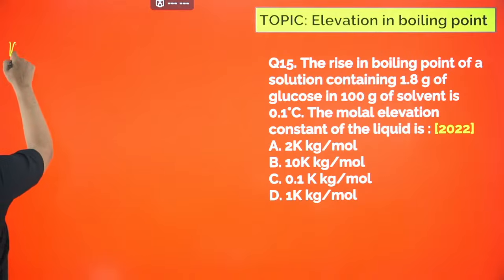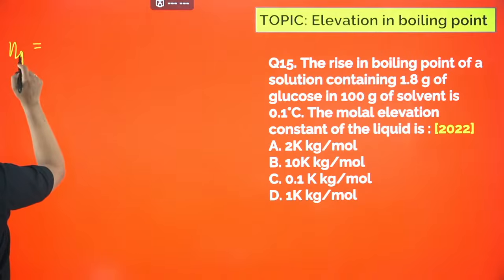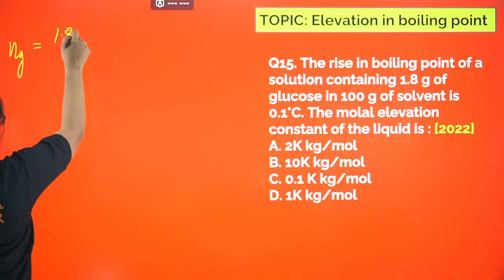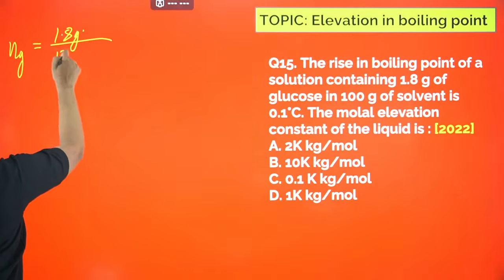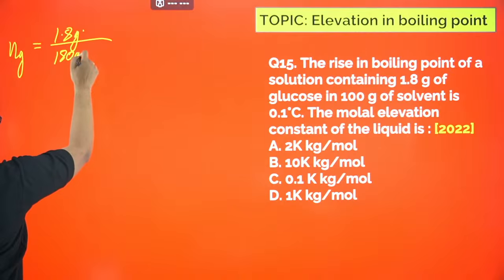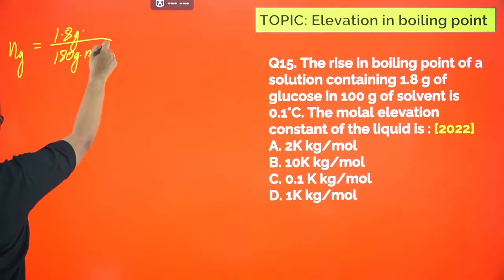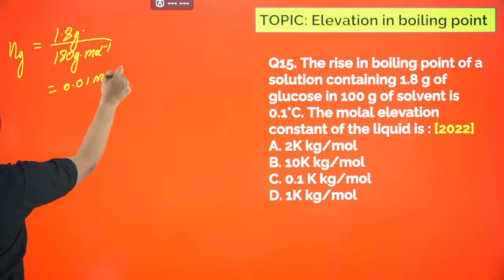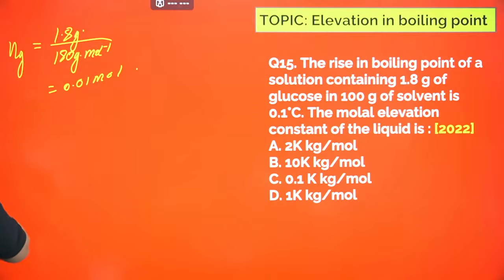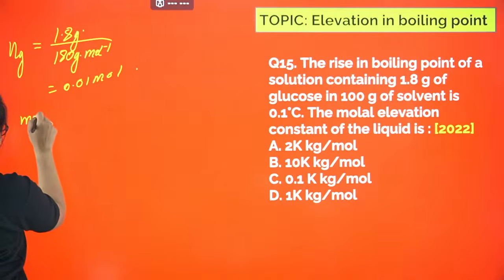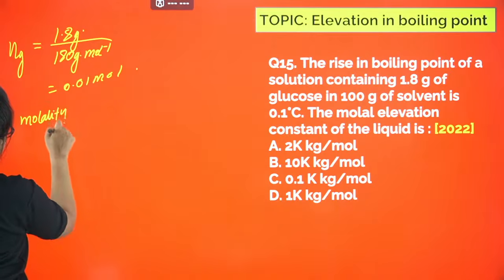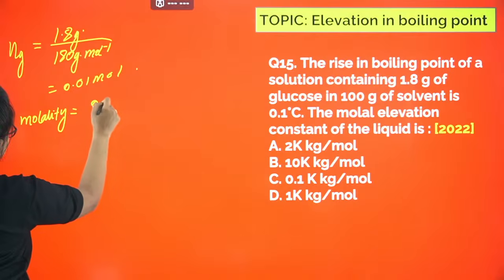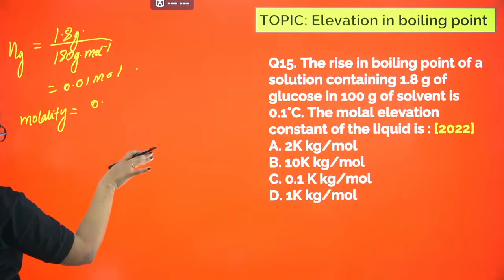So let's find out the number of moles of glucose. 1.8 gram divided by 180 gram, because the molecular weight of glucose is 180 gram. So from here I get 0.01 mole. Now I can find out the molality. Molality is the number of moles divided by the weight of solvent.